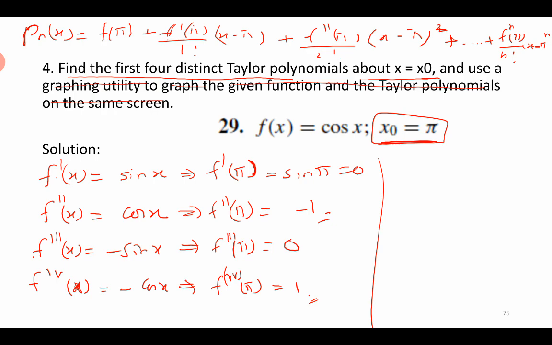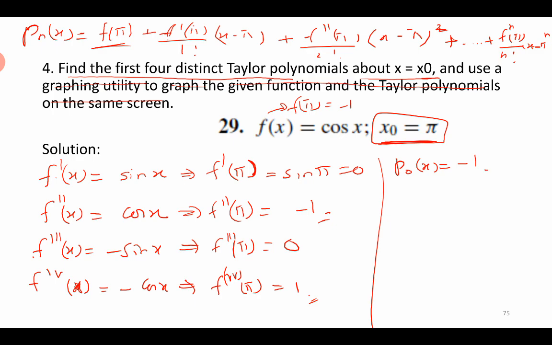Now when we substitute, first, when you take the first point, what is p0 of x? f of pi. What is f of pi from the given problem? f of pi is cosine pi, which is -1.